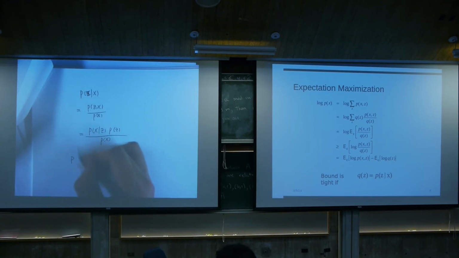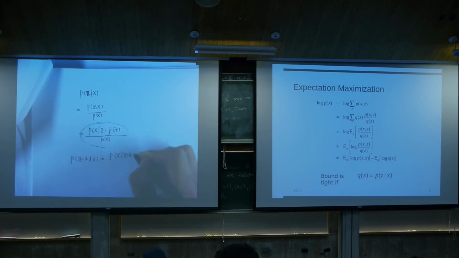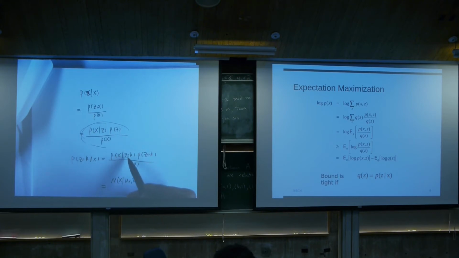We take an arbitrary value Z equals small k, and plug it into this equation. P(X given Z equals k), P(Z equals k), and P(X). And this part is a Gaussian distribution, N(x; mu k, sigma k). Z equals k means we assume X is from the k-th cluster. So this probability is this guy.